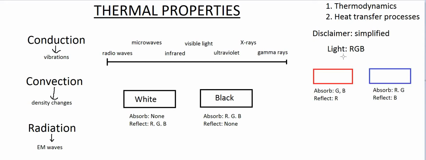Light is only made up of three colors when it is coming from things like your computer screen, phone, TV screen, or digital accessories. But when it comes from the sun, for example, it's not just three colors, it's a spectrum. So you have all the colors of the rainbow basically.